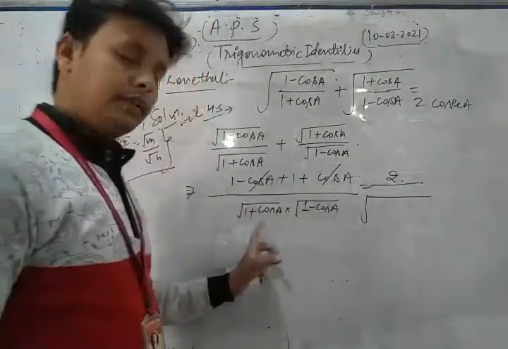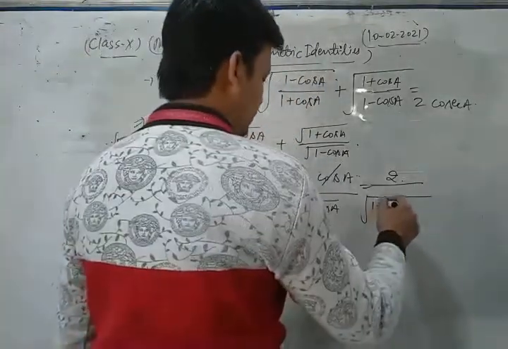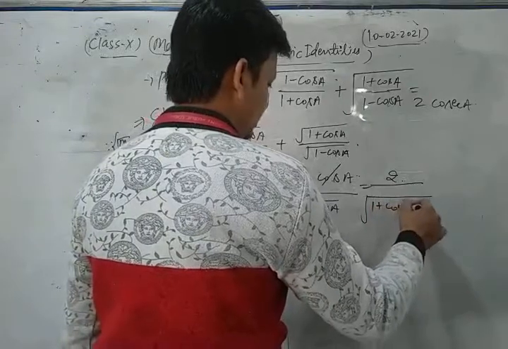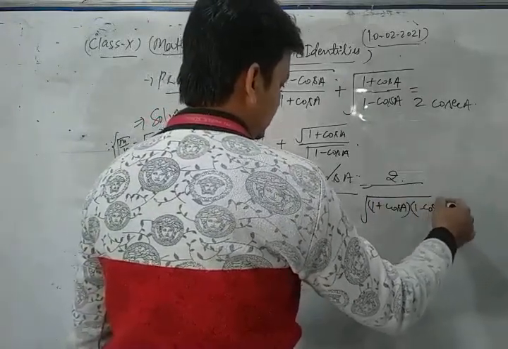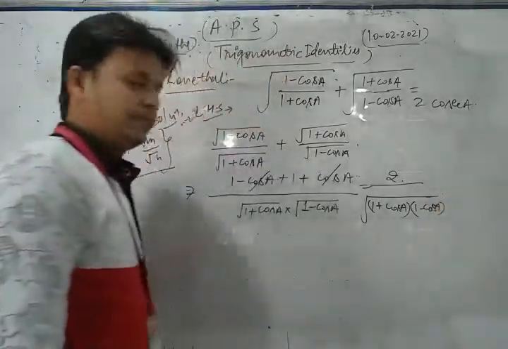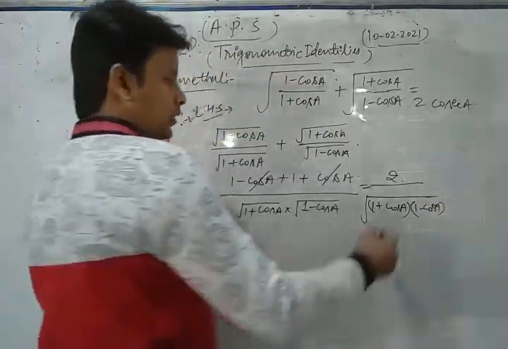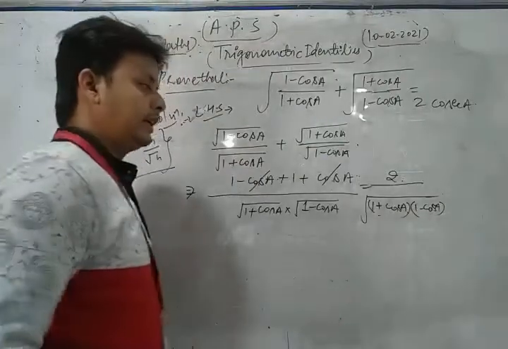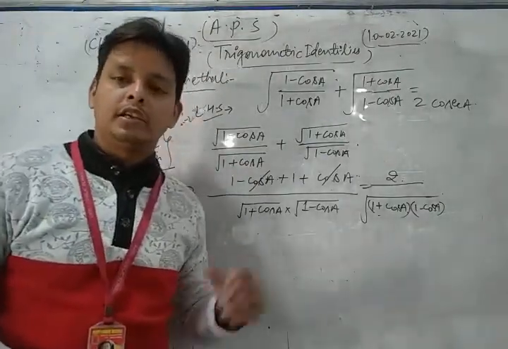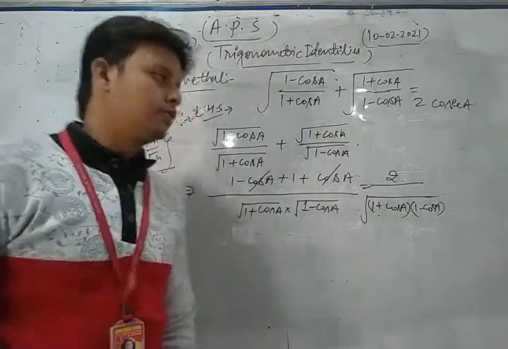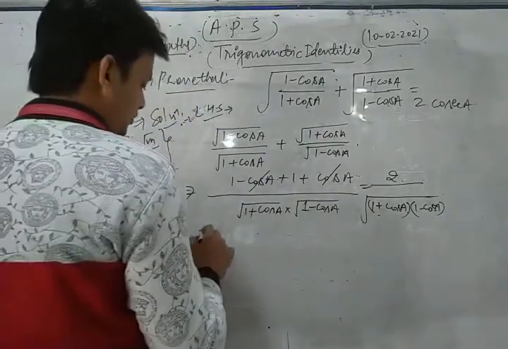We take together 1 plus cos A into 1 minus cos A. Now a plus b, here we apply the identity (a plus b) into (a minus b), and we know that we write a square minus b square. So let's see.